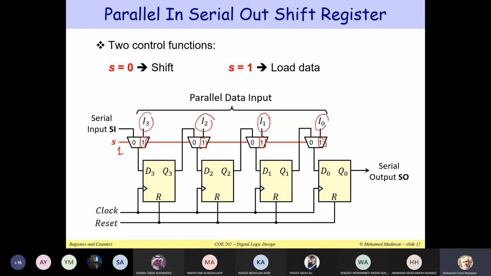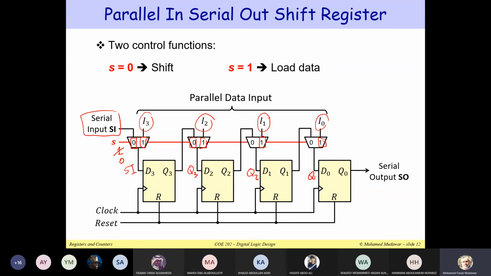On the other hand, if I would like to shift, I'm going to use a serial input. For example, here I would like to shift to the right. So if S is equal to 0, not equal to 1, I'm going to select input 0. Notice that this serial input is connected to D3. Now here D2, notice how we are connecting Q3 to this 0 input. Therefore D2 becomes Q3, D1 becomes Q2, and D0 becomes Q1.